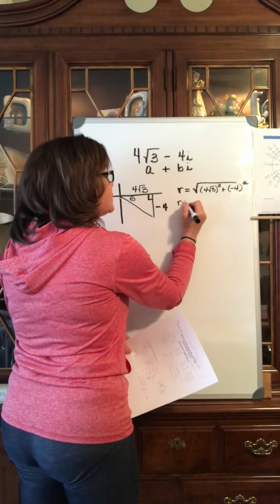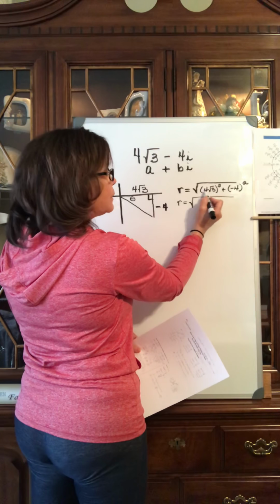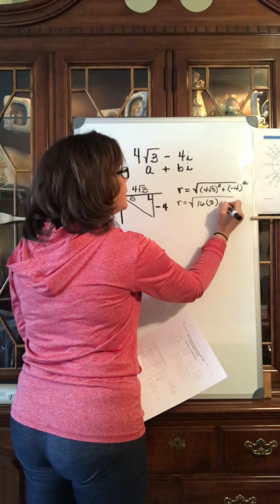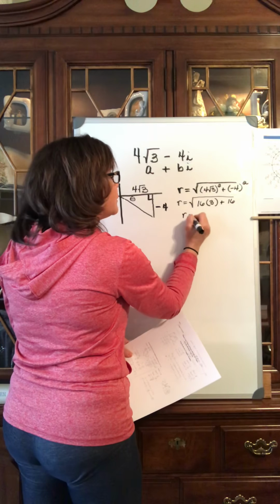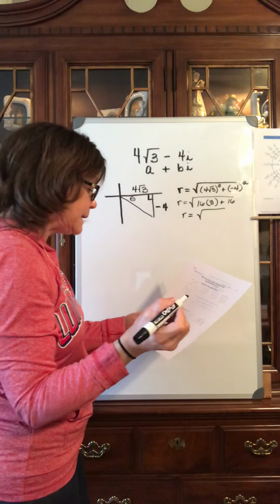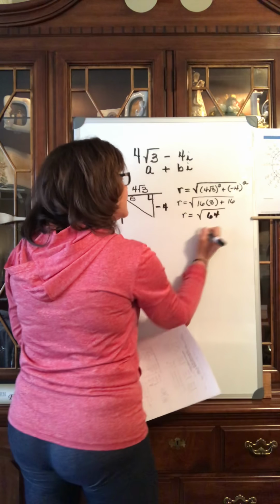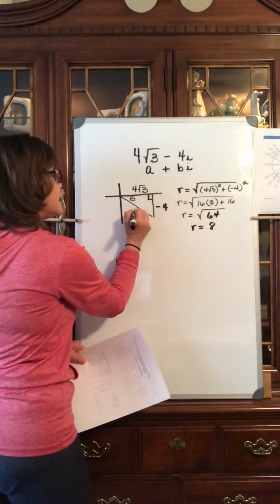So the hypotenuse r, when I square 4 radical 3, 4 squared is 16, radical 3 squared is 3, a negative 4 squared is a positive 16. r is equal to the square root of 48 plus 16. 48 plus 16 is 64. The hypotenuse, or our r, is equal to 8. So this side is 8.